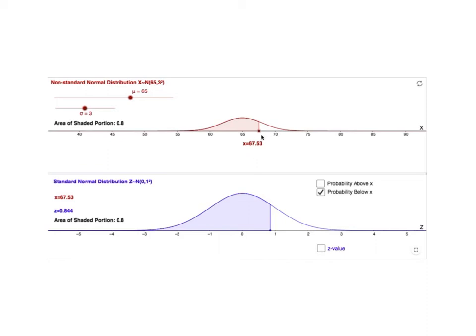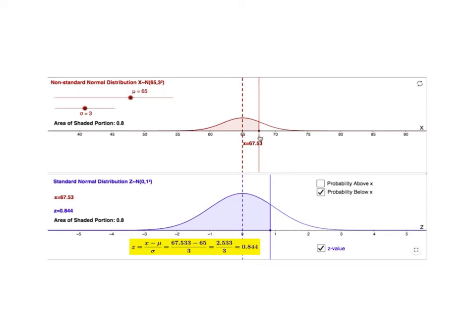Therefore, I want to find the formula between this x and the z-score here. That's called the z-score. The formula is the following. It's in your formula booklet. Z equals x, the point on the non-standard normal distribution, minus mu, the mean of the distribution, over sigma.